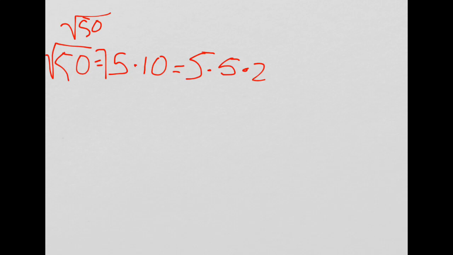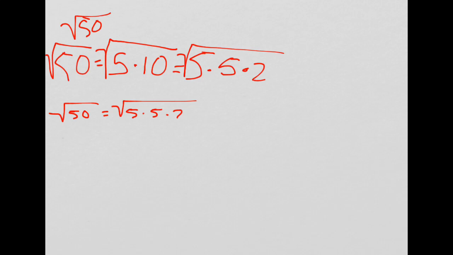But remember, we were dealing with square roots here, so that is all still valid. Essentially, all we've done is rewritten the square root of 50 as the square root of 5 times 5 times 2. Totally fine, haven't done anything yet. Let's use those rules we had before, and split that up to the square root of 2 times the square root of 5 times the square root of 5.